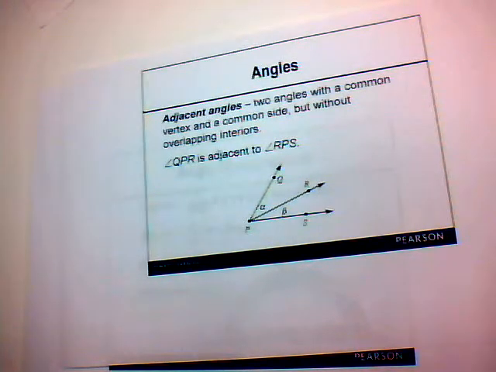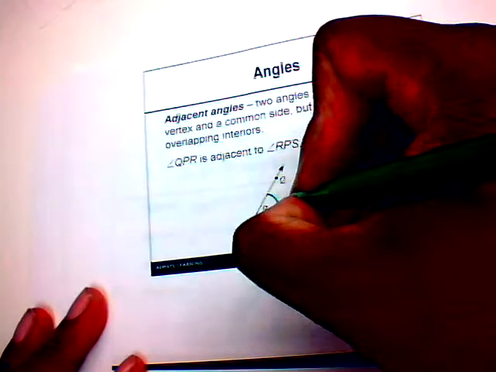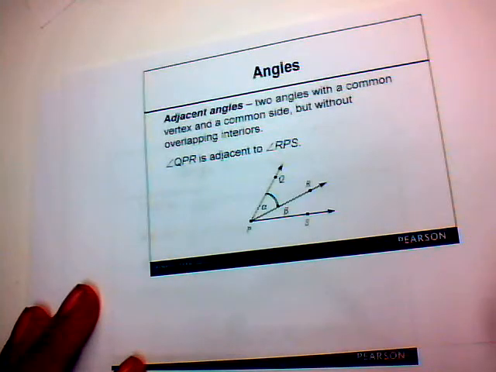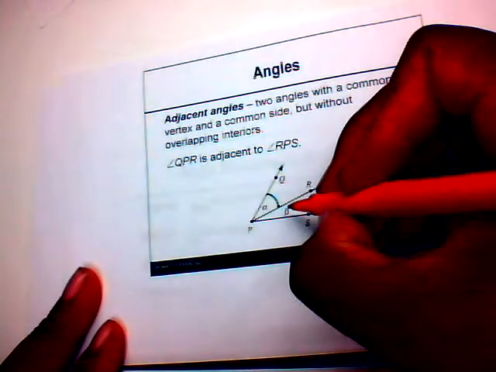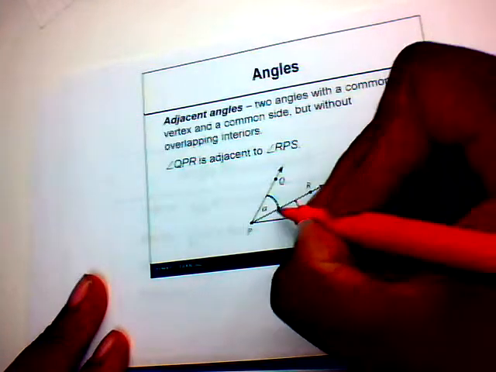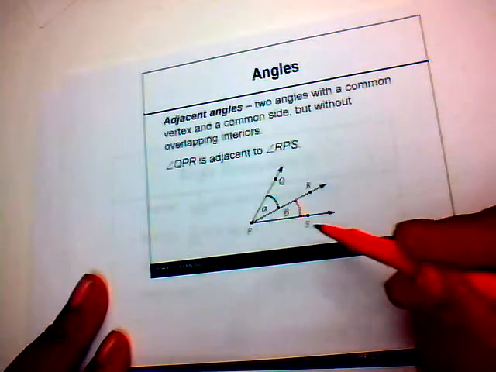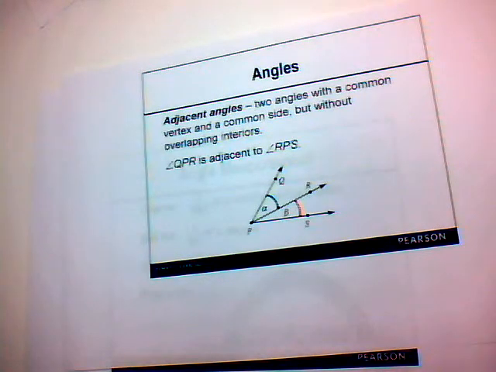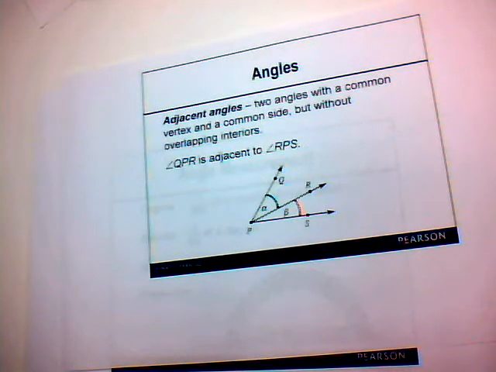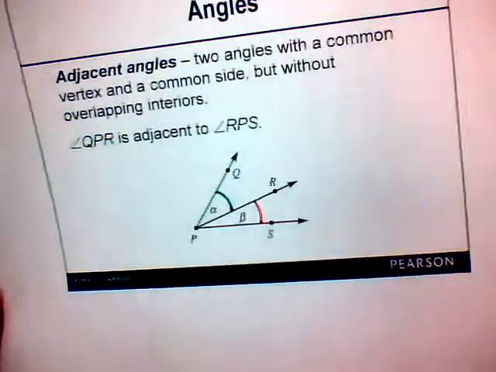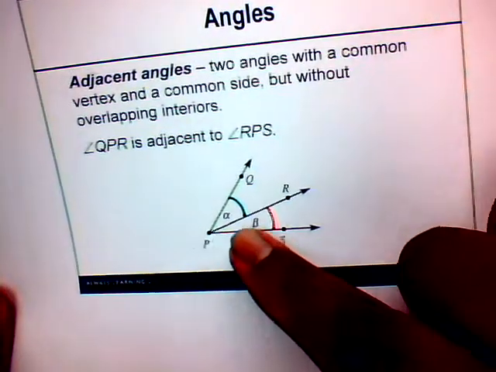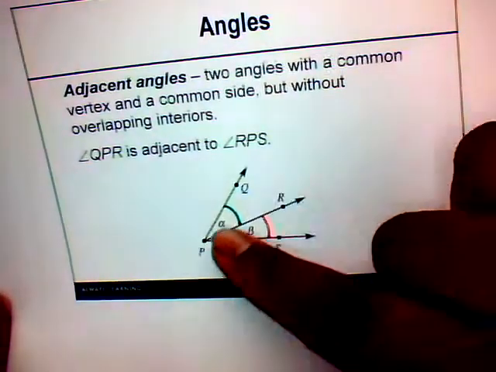Now I'm going to mark off in this color the angle adjacent to it, RPS. Those angles are next to each other as they have a common side and a common vertex. The common vertex is P, and the common side is ray PR.